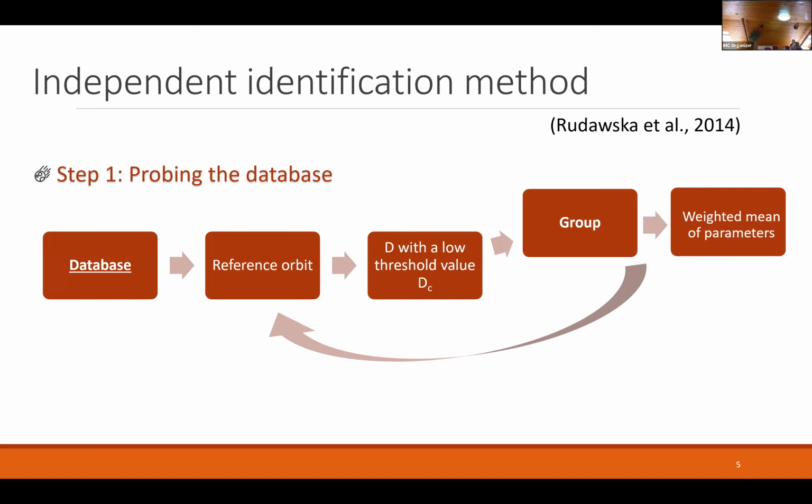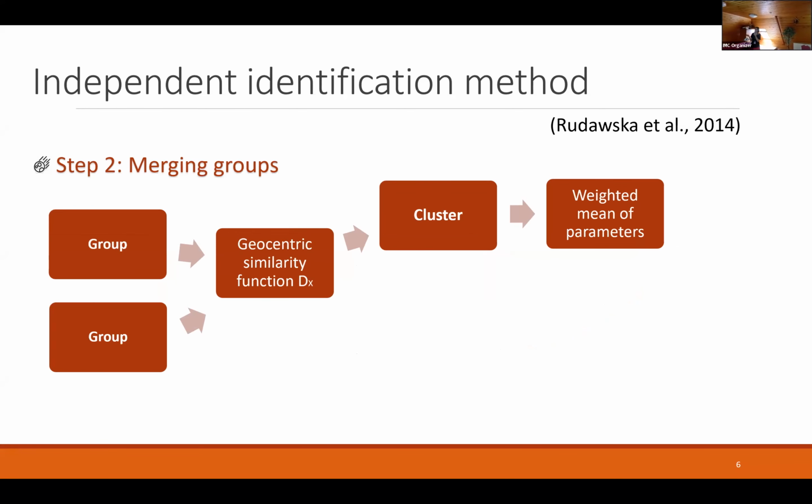In the first step, the group is created by comparing the reference orbit with all the other orbits in the database based on the similarity function or D criterion, and of course the group is then excluded and its weighted mean of parameters is calculated, and the step is repeated until you run through the whole database.